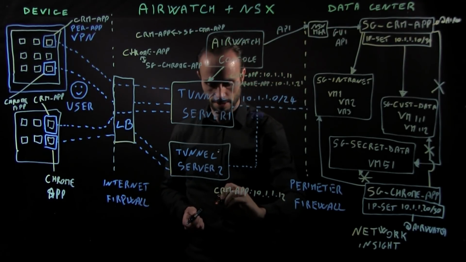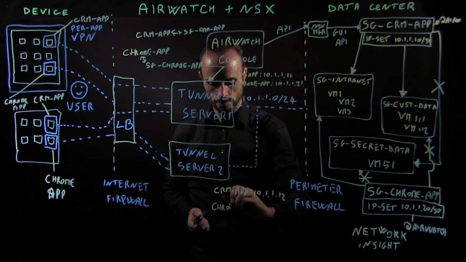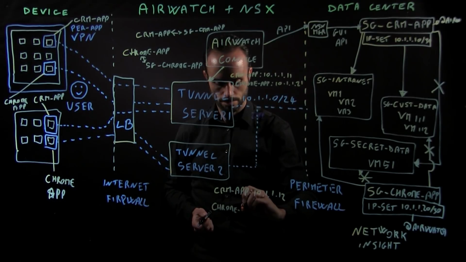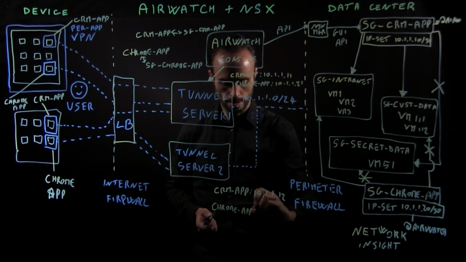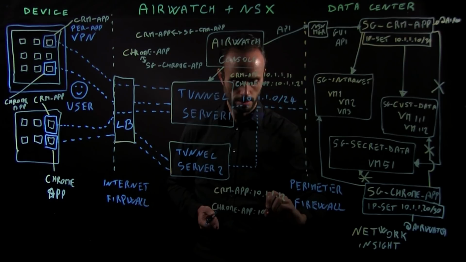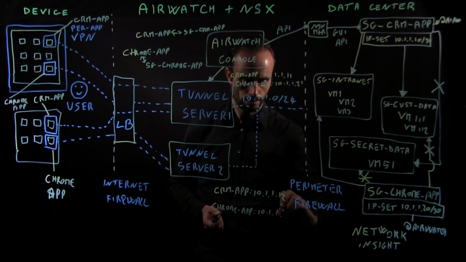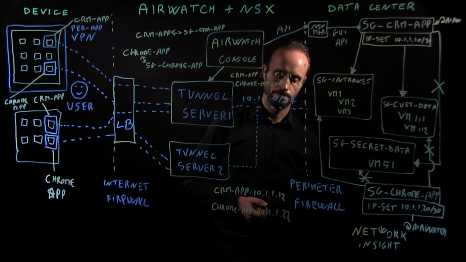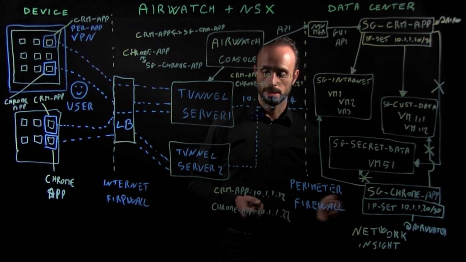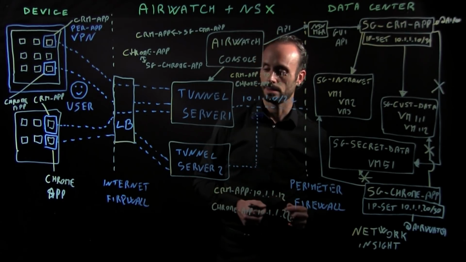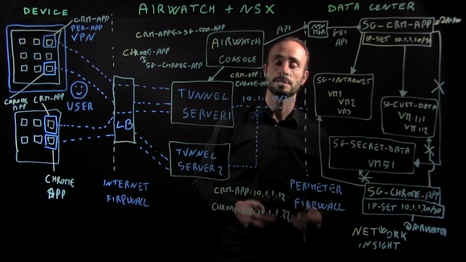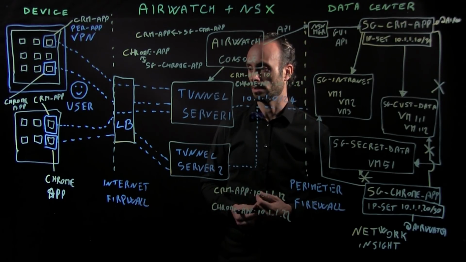Same goes for the second tunnel server. Then 10.1.1.22 in this case. And we can extend this to additional devices and even additional applications.